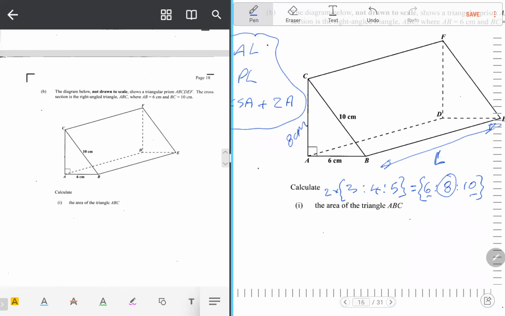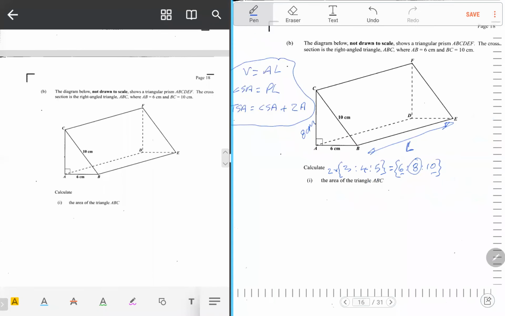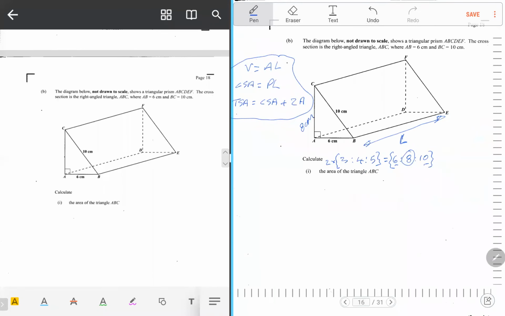If you put all these markings on your paper, the examiner will accept it as your explanation for the 8 and give you your marks. I put it as 2 times 3, 4, 5, it's a 6, 8, 10. Circle the 8, put the 8 on the diagram, put the equal sign in front of it, and they'll accept it.